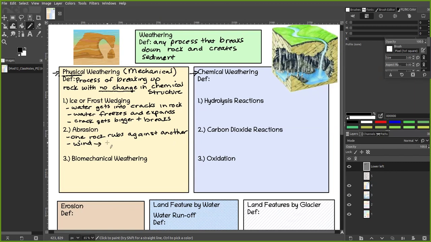It's like sand blasting it. Another thing that causes abrasion, moves little pieces of rock around, is the ocean. The ocean moves the sand, and the sand rubs. And remember, sand is just tiny pieces of rock. An example of this is ocean glass. This is where it comes from.